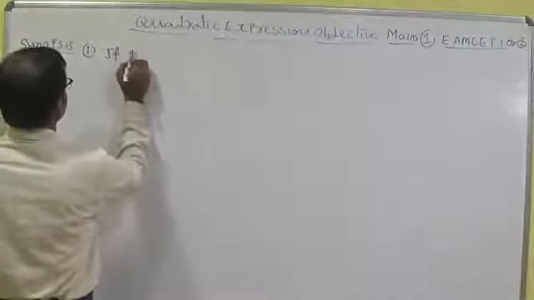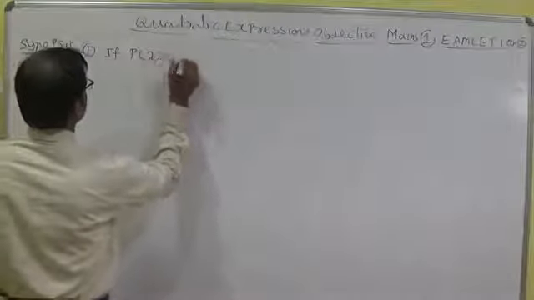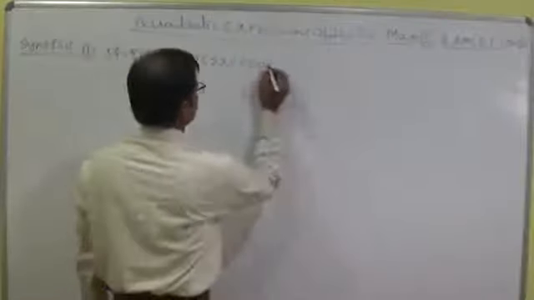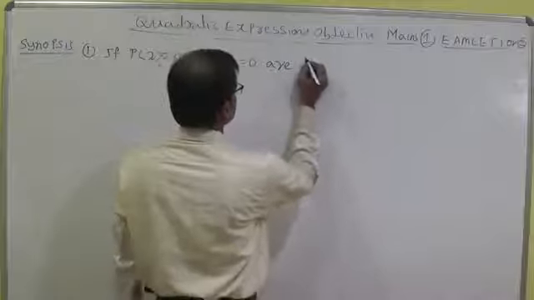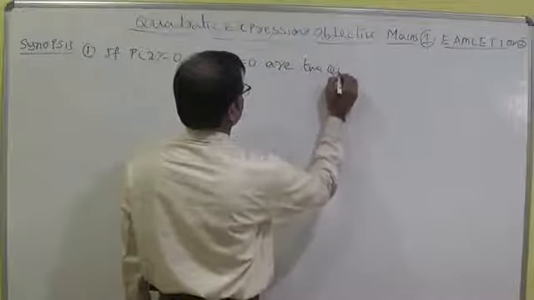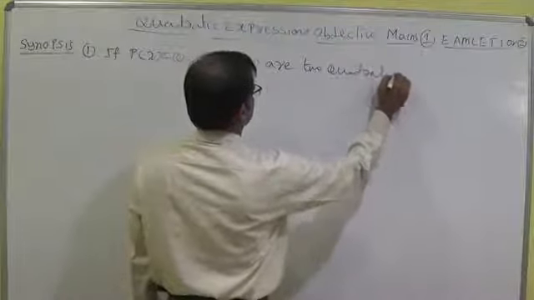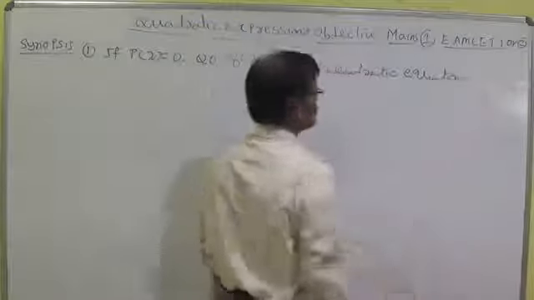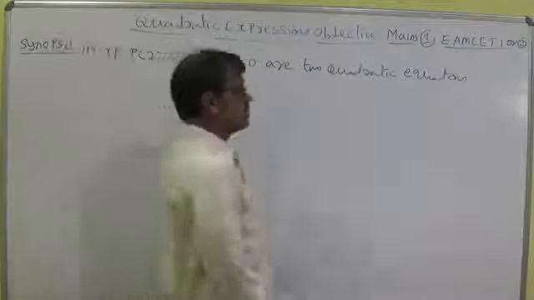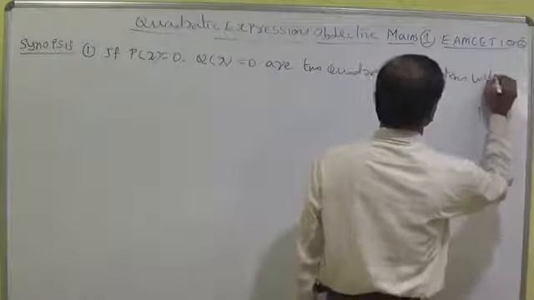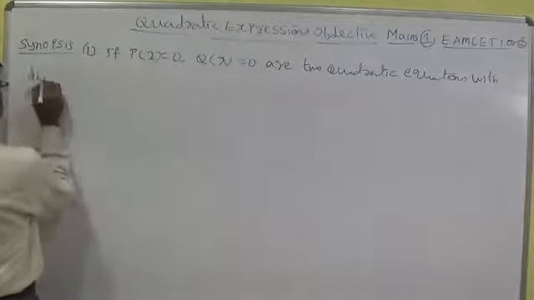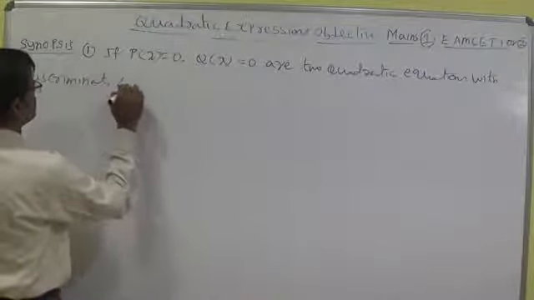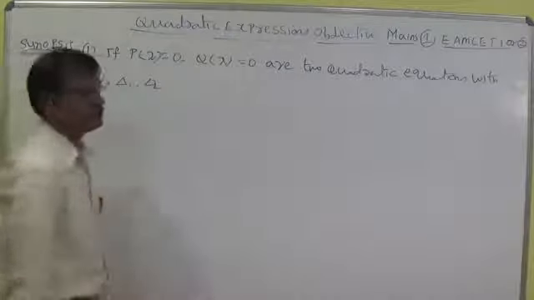If P of x is equal to 0, comma, Q of x is equal to 0 are two quadratic equations, or expressions also you can write, with discriminants delta 1, delta 2.